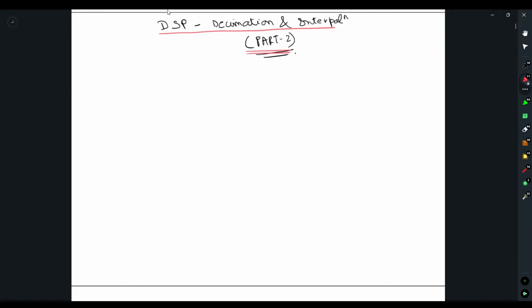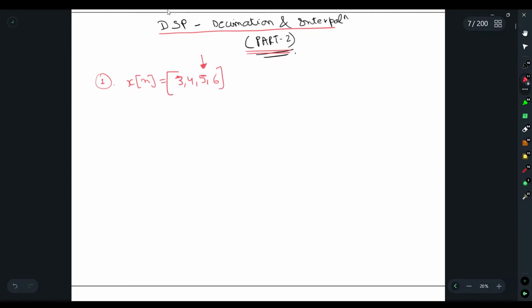So let us start with a question so that our concepts get much clearer. Suppose we are given a signal x[n], which is 3, 4, 5, 6, and the pointer is at 5.